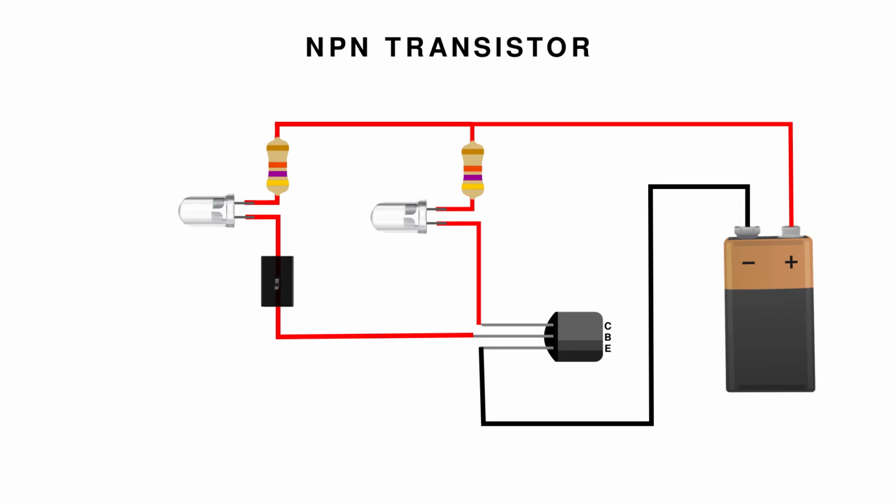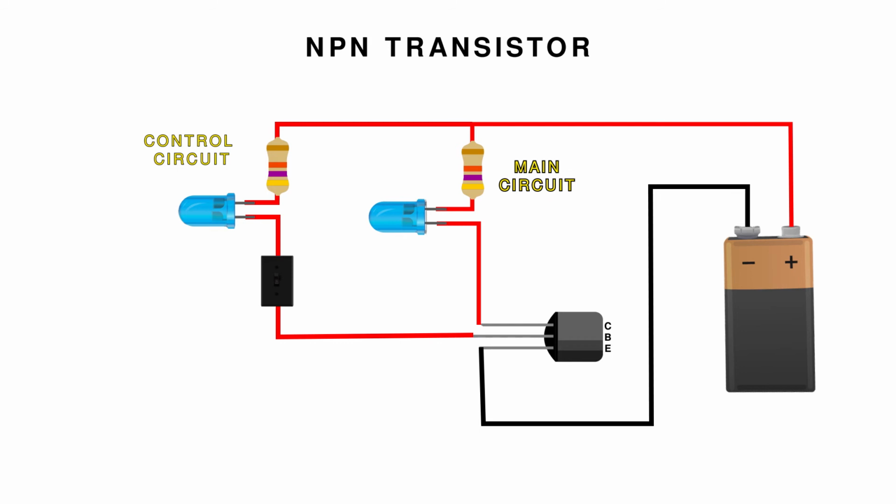Let's see the circuit of an NPN transistor. In this we have 2 circuits, the main circuit and the control circuit. In the control circuit we have a switch. So if we turn on the switch, the current will start flowing in the circuit, and the LED will glow.